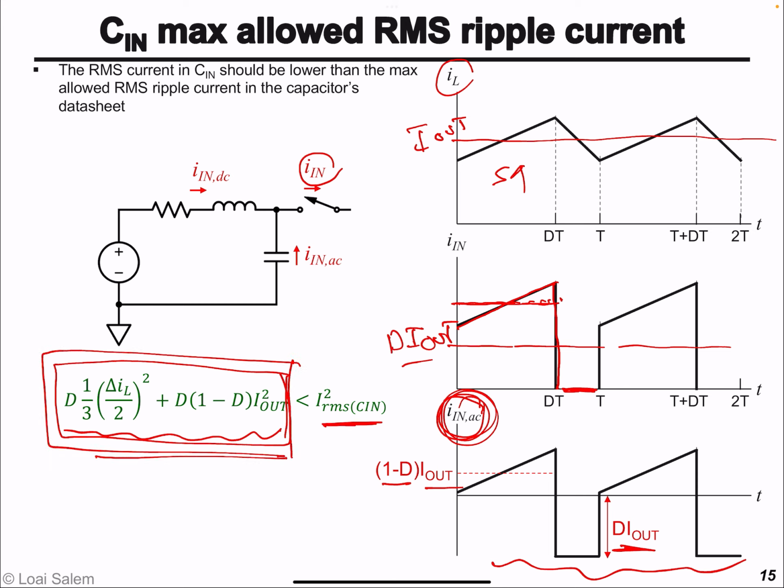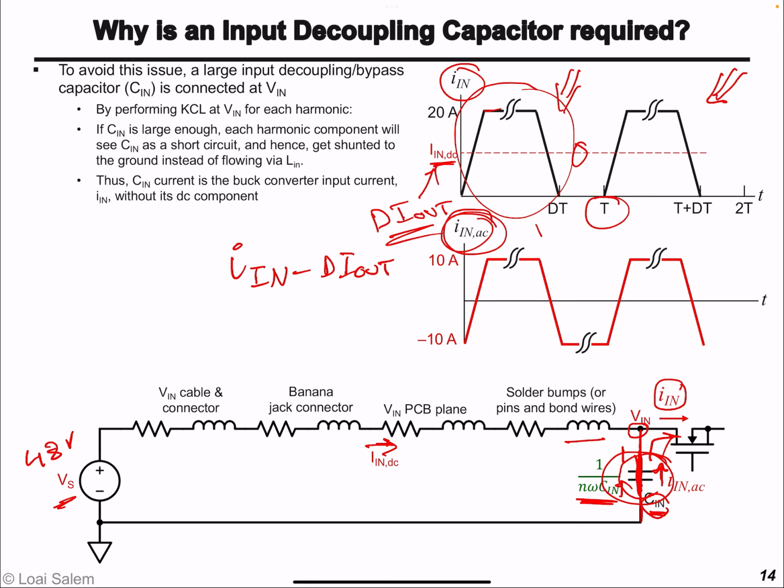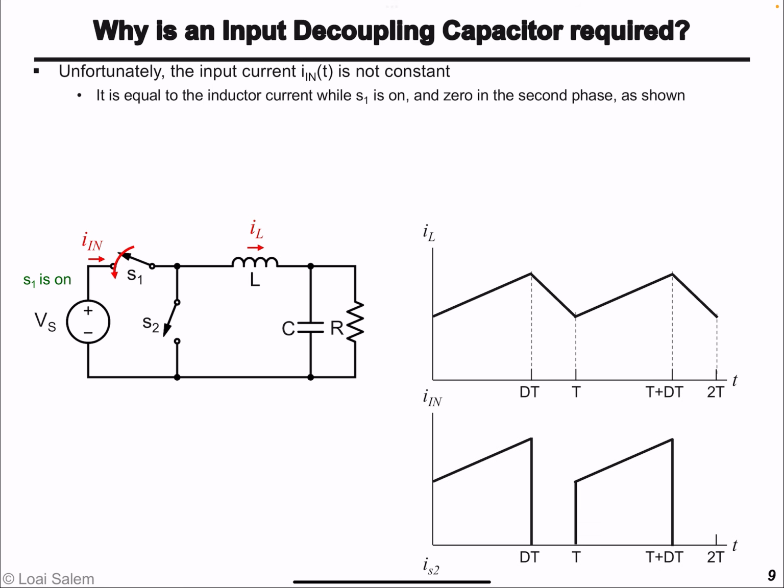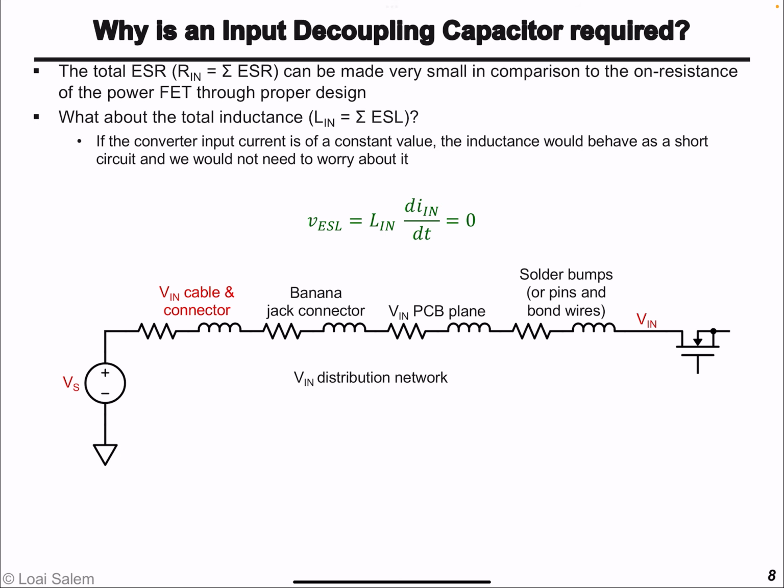All I care about here is that calculations are easy to do for the required value of the input decoupling capacitor, but what I care more about is that when you design a printed circuit board for a buck converter or any other converter, you would need to add decoupling as close as possible to the switch that connects to the input of the power converter.